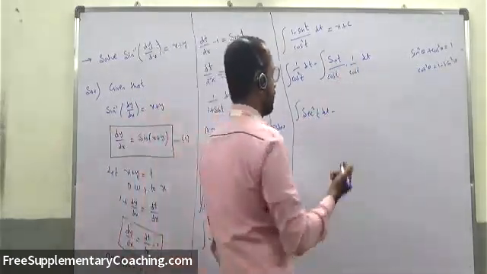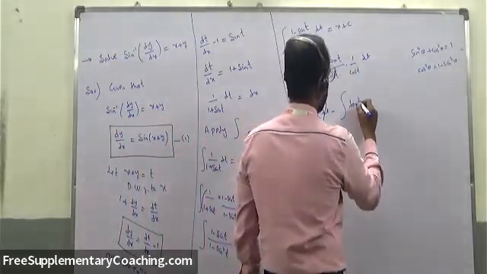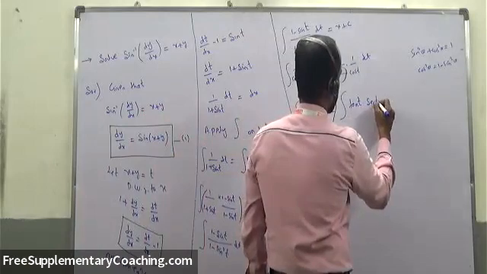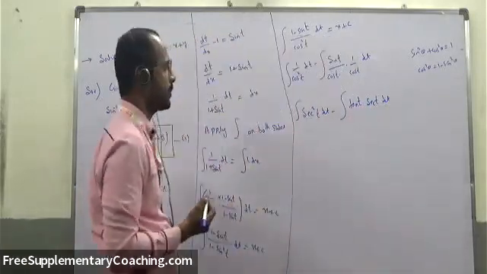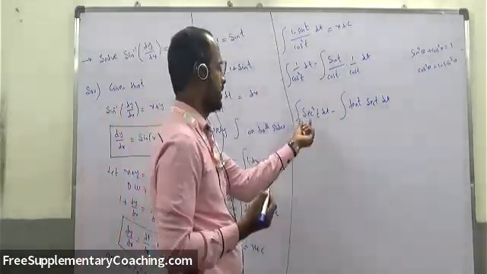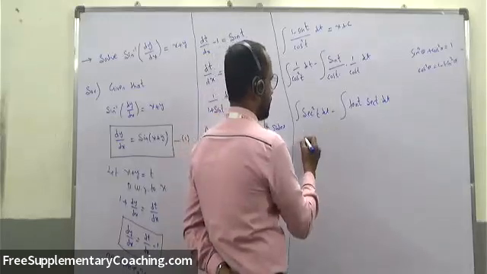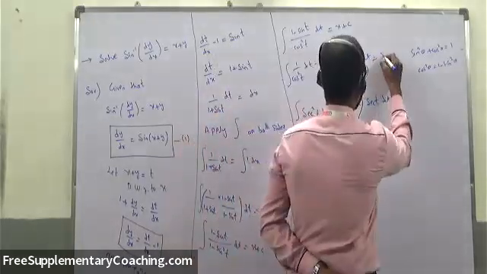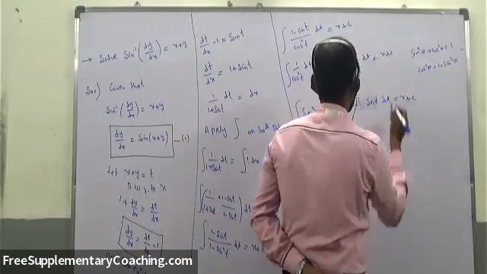So I get tan t into secant t into dt. Now we know that integration of secant square x is tan x. So the right-hand side is x plus c, here also x plus c.